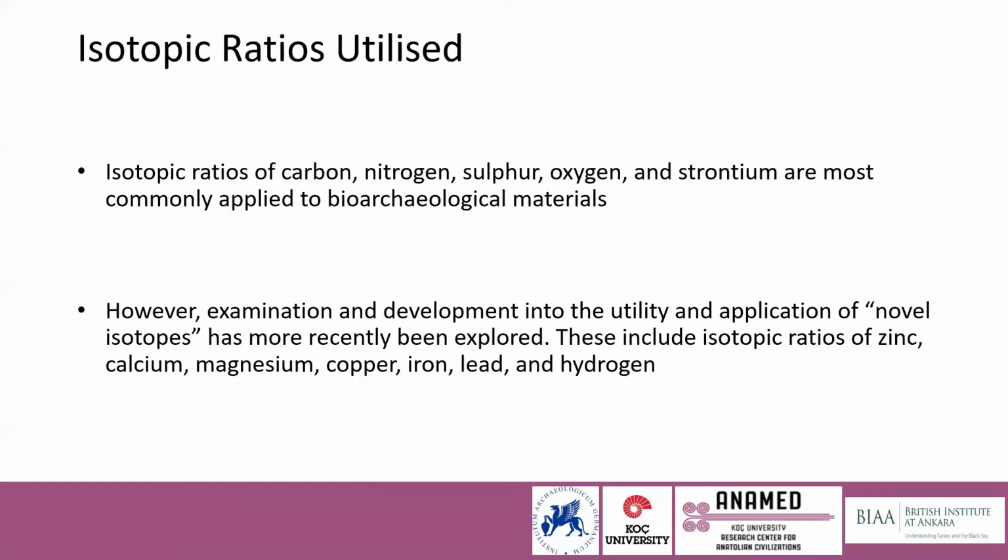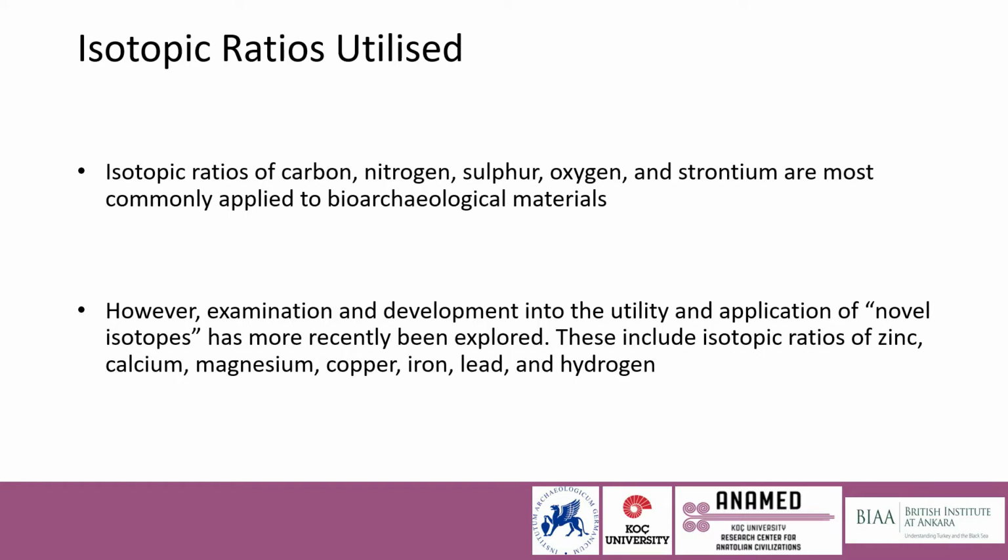The most common isotopic ratios used in archaeology, applied to bioarchaeological materials, are carbon, nitrogen, sulfur, oxygen, and strontium. More recently, there has been development into the utility and application of what are known as novel isotopes, including calcium, magnesium, copper, iron, lead, and hydrogen.